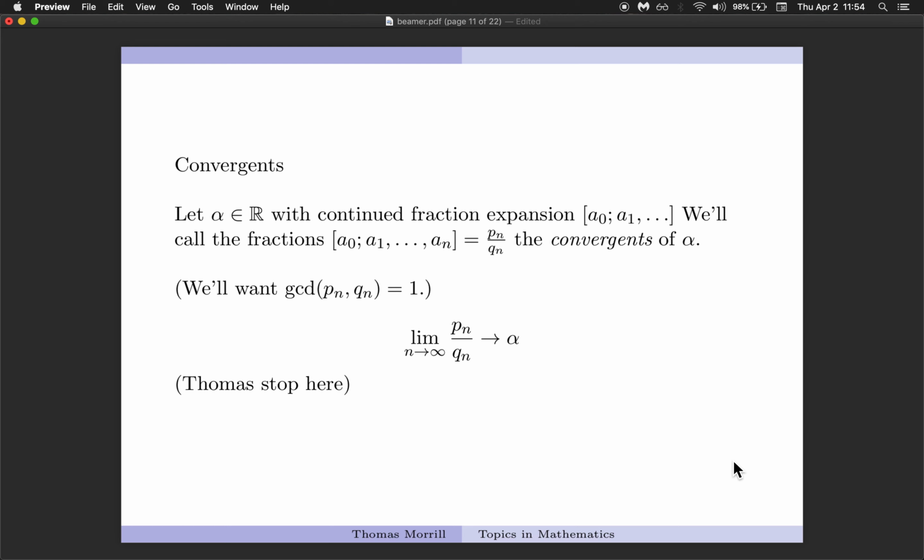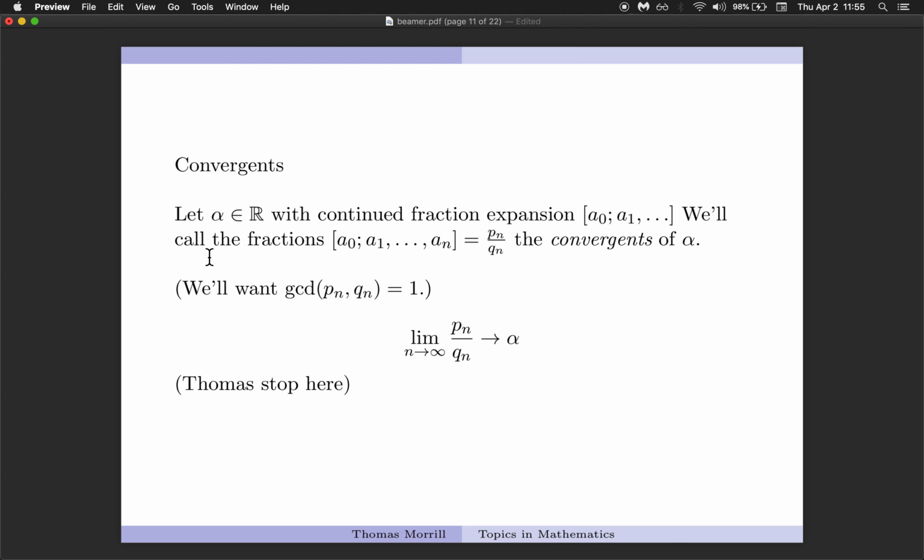So I need just a little bit more vocabulary. Again, I have some alpha as a real number. Its infinite continued fraction expansion consists of these integers a0, a1, a2. There's infinitely many of them, and we can pull out as many as we like using the continued fraction algorithm.